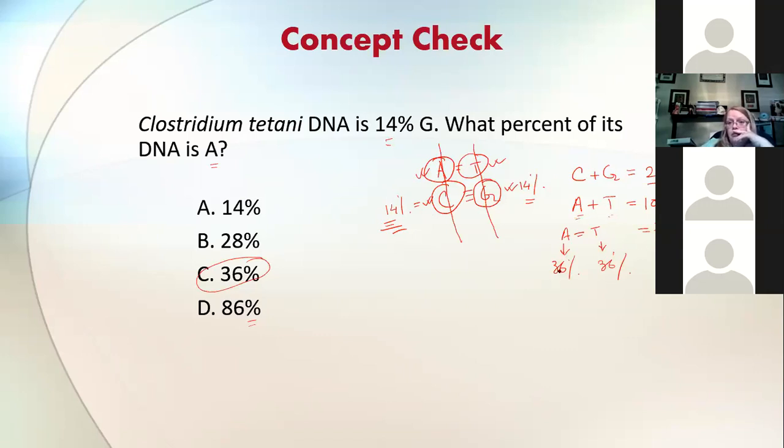So that means we have 36% of adenine and 36% of thymine. Basically, I divided 72 by 2 and that gives me 36, which is the percentage of either adenine or thymine. So the right answer is cytosine.